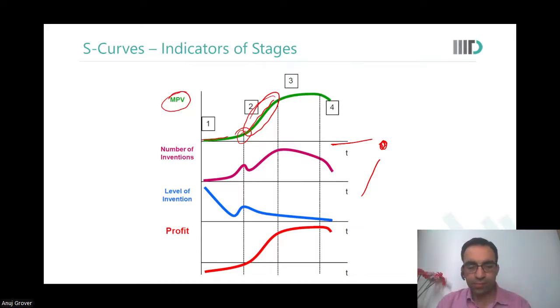Is that okay? Sir, can you explain the level of invention curve again? Okay, level of invention can be said as: is this a breakthrough invention? If somebody had not used this invention, the product is not even possible. That is the highest level of inventiveness.